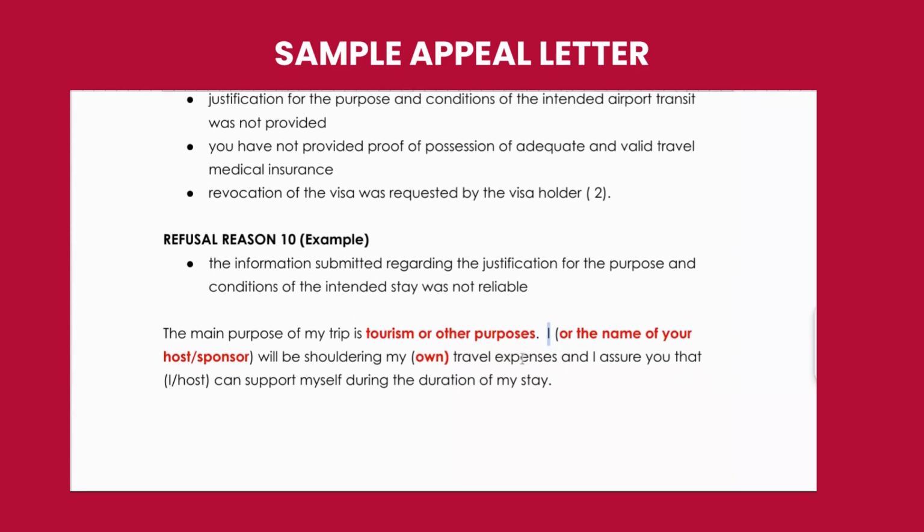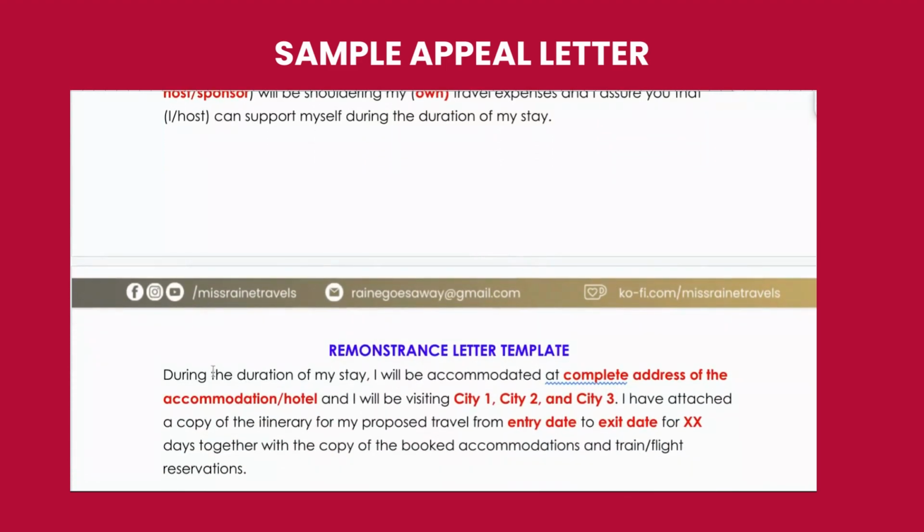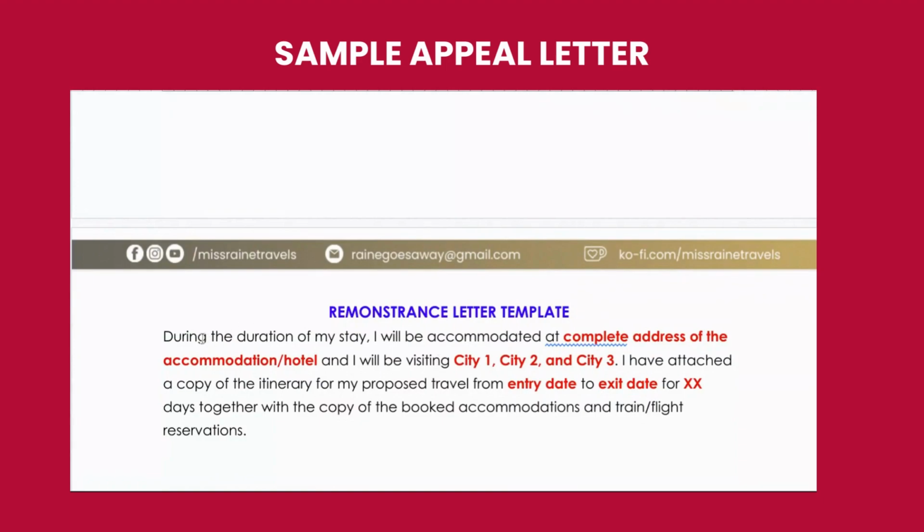And then on the next paragraph, specify the reasons why you can justify being a tourist. For example, during the duration of my stay, although it sounds weird, I will be accommodated at the hotel address, if you already have it, or the address of your sponsor if you have one, and I will be visiting city 123.